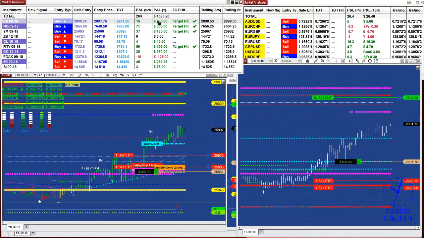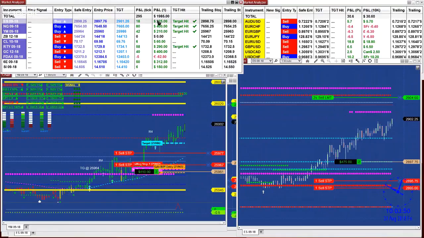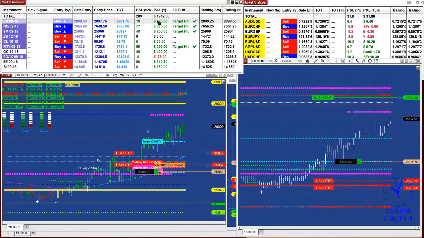An average Ninja Trader, there are a few customers we have with over $250,000, but the majority of Ninja Trader customers are in a few thousand. An average is from 2, 3 thousand to 20,000.